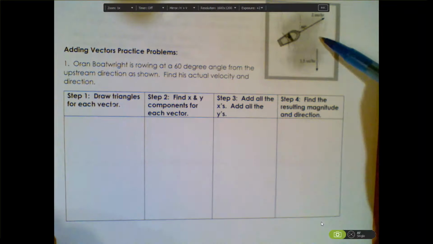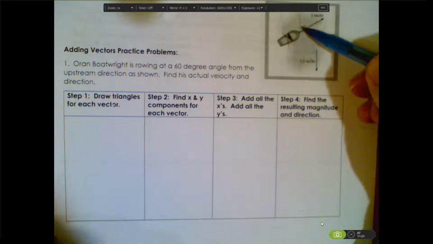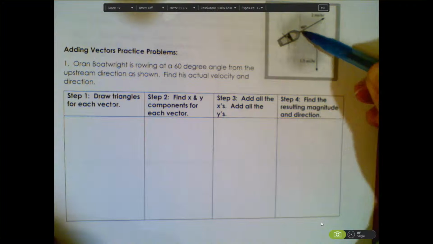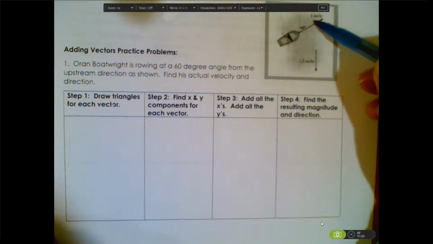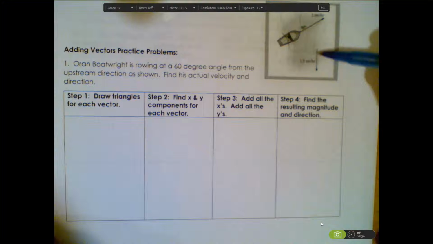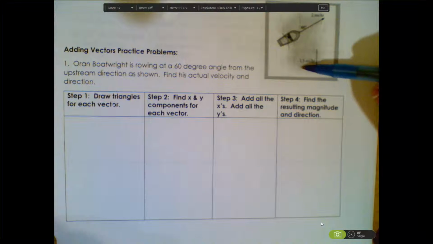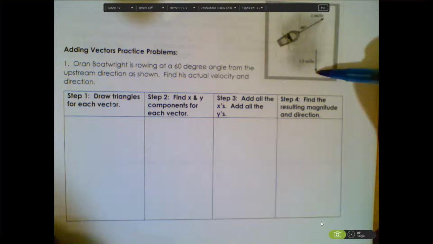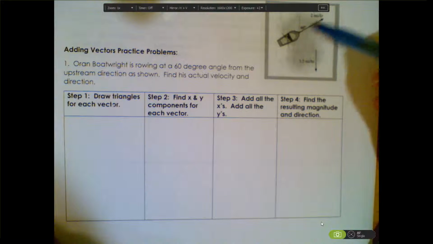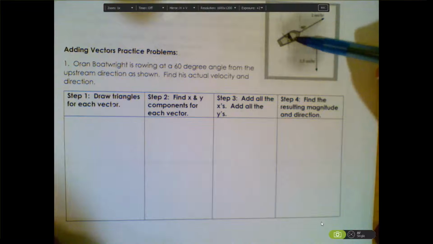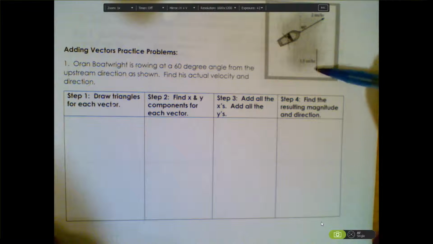So it's really hard to see this, but we have an angle here, 60 degrees, and the boat is rowing at 2 miles per hour, but the current of the stream is pulling down at 1.5 miles per hour. So basically, the boat is not really traveling in the direction of 60 degrees because it's being pulled back by the current.